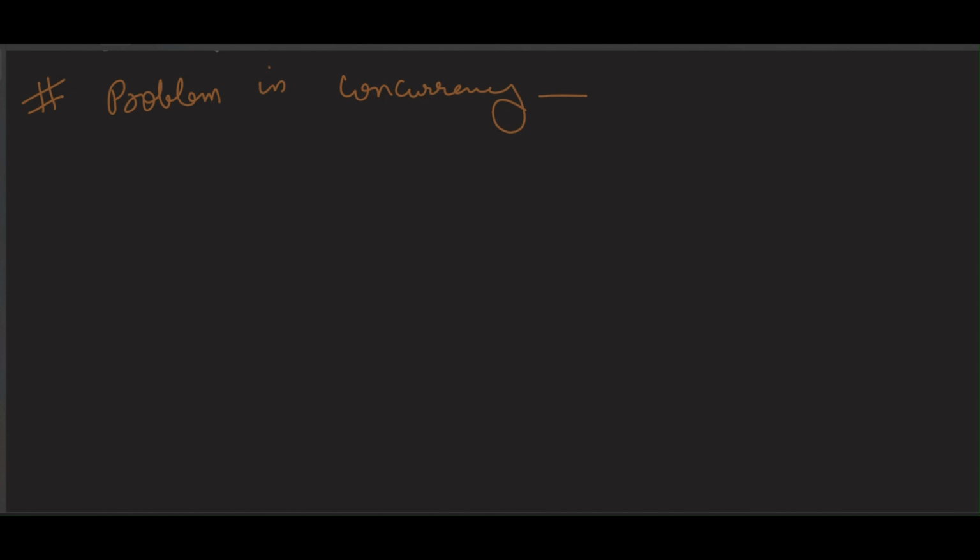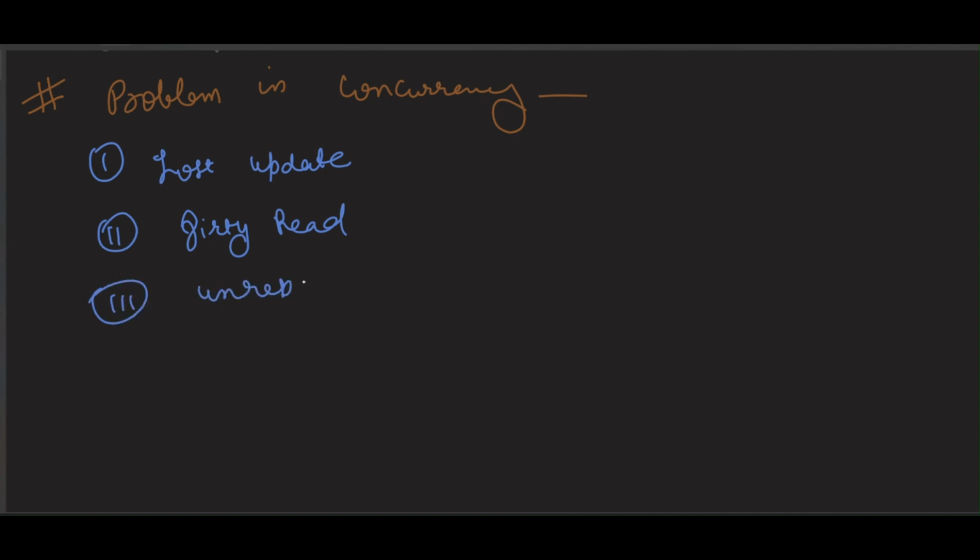So there are mainly four types of problems that can occur in concurrency, which are: the first one is lost update, the second one is dirty read, the third one is unrepeatable read, and the last one is phantom read. So let's discuss all one by one.